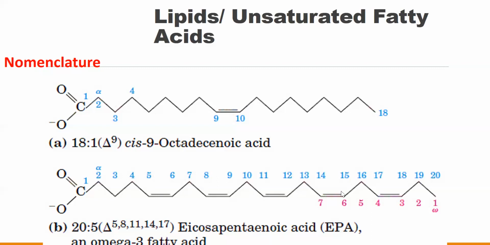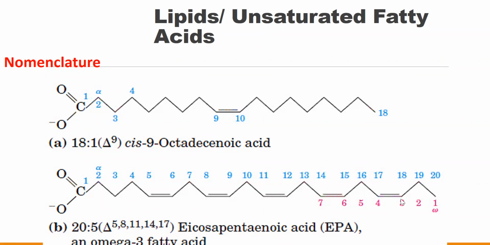Now, there is an old way of naming, as opposed to the IUPAC way of naming our fatty acids or organic compounds. We have to be very specific, because the functional group, the C double bond OOH, will always be indicated as carbon number 1. In the old system, we name from the tail, and we call this the omega.